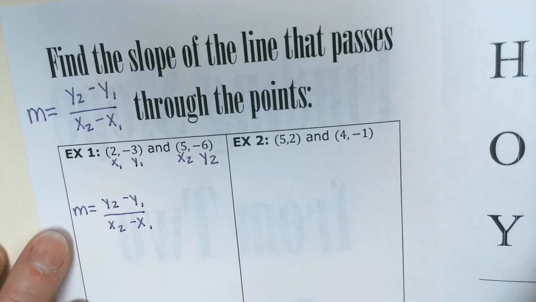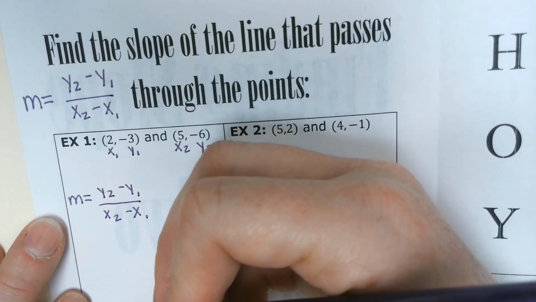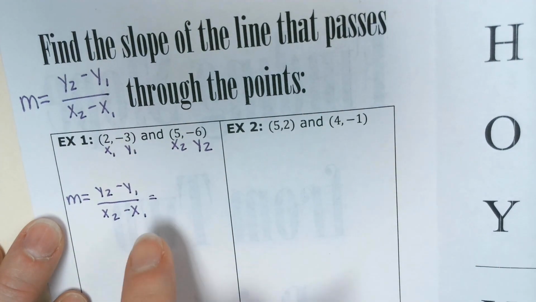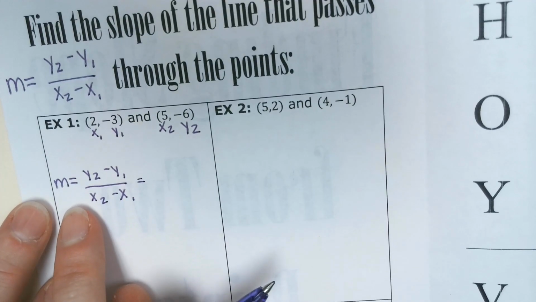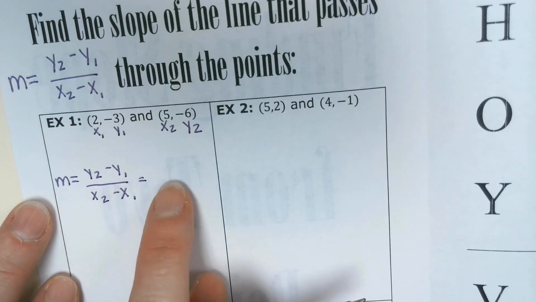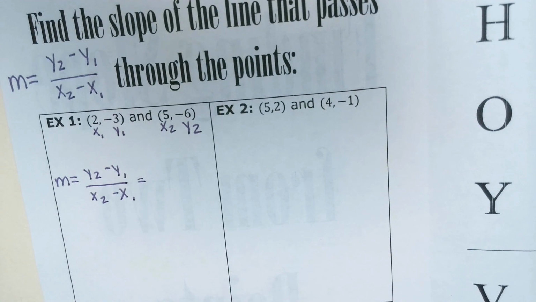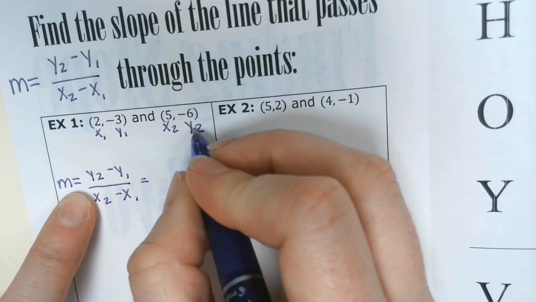For your Delta Math assignment, you are going to have to show work and turn that in. So we are going to write the formula again and then write your points. So the y2 is negative 6.